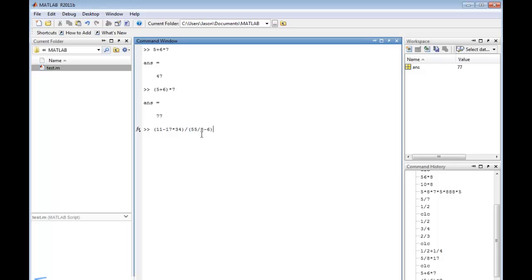Then what this is going to do is the numerator of this giant fraction is going to be calculated first, inside of here, and then the denominator will be calculated, 55 divided by 8 minus 6, according to the rules of algebra, and then those two numbers will be divided by one another. So the parentheses force whatever's inside to be done first, and then you compute the final result.